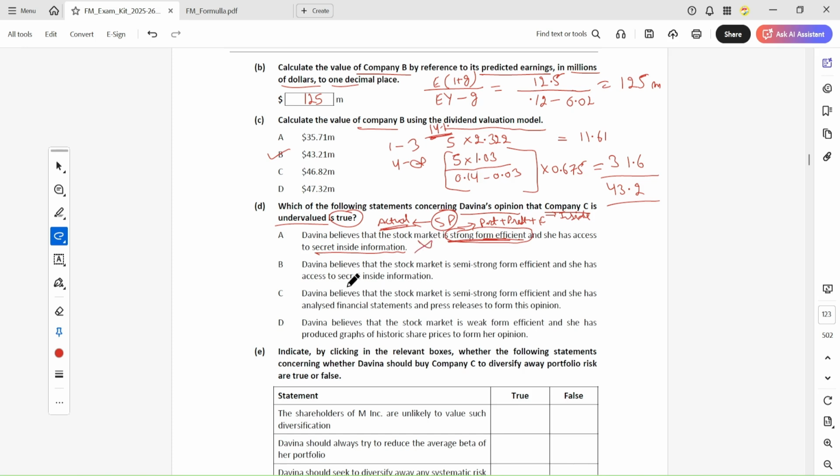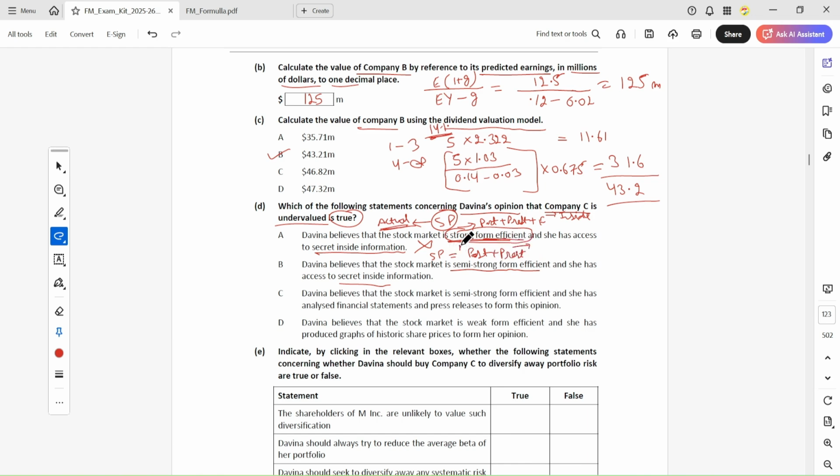So this is incorrect. Davina believes that the stock market is semi-strong form efficient and she has access to secret information. Yes. In this case, the share price only reflects the past plus any present published information.